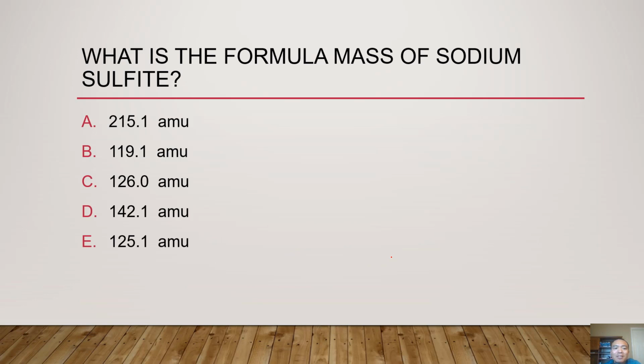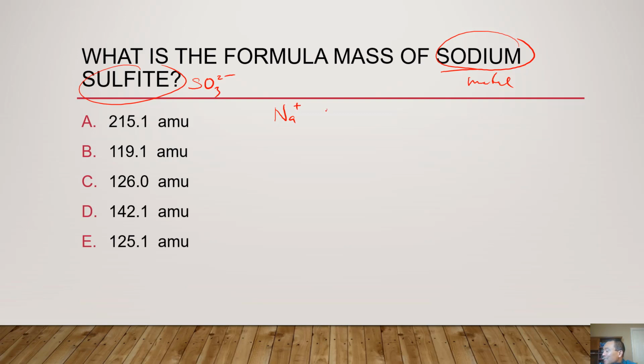All right. Now let's look at another example. What is the formula mass for sodium sulfite? You must be able to correctly write sodium sulfite. Sodium, you know, that's a metal. Sulfite, okay, not sulfate, sorry. Sulfite is an anion. When you put it together, you have a cation and anion.